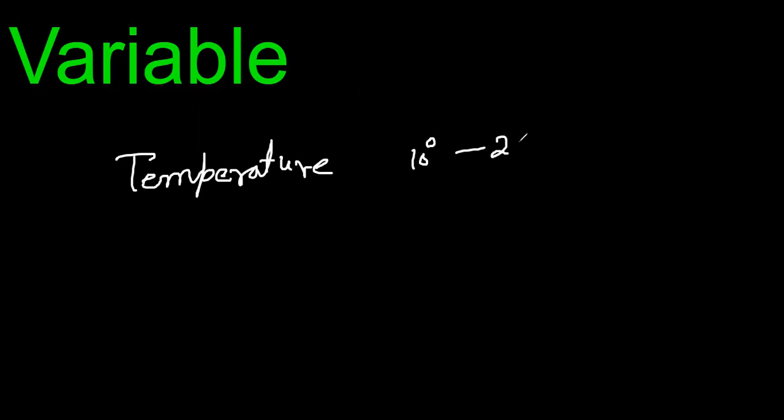Now, in our day to day life, we come across many variables. For example, on a certain morning, you wake up and you see the weather forecast. What do you see first thing in your weather forecast? Temperature. Yes. So the temperature of the day is written to be, say, 10 degrees to 25 degrees.